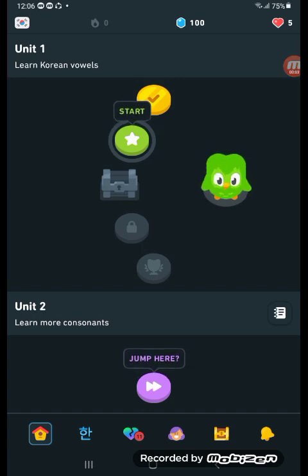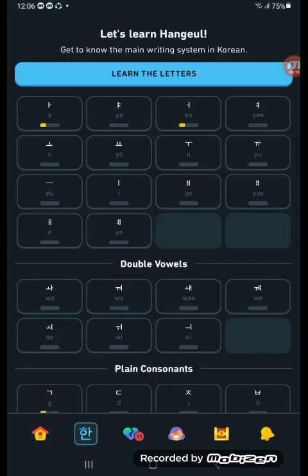So in Duolingo, we're gonna learn Korean, but it needs to be attached to another language like this when we go to learn our Korean lessons. And over here on the top, it says, let's learn Hangul, get to know the main writing system in Korean.